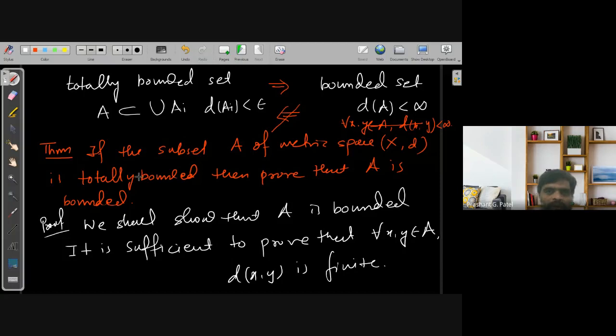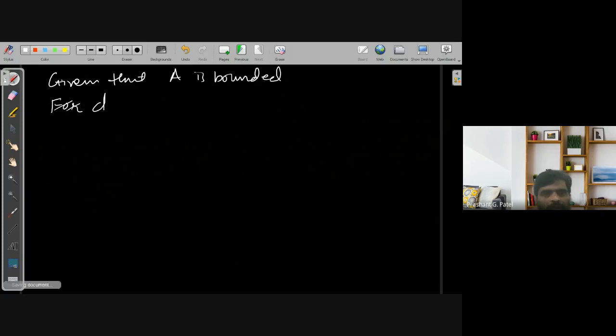Now given that A is totally bounded, for a given epsilon greater than 0, I will choose epsilon equal to 1.